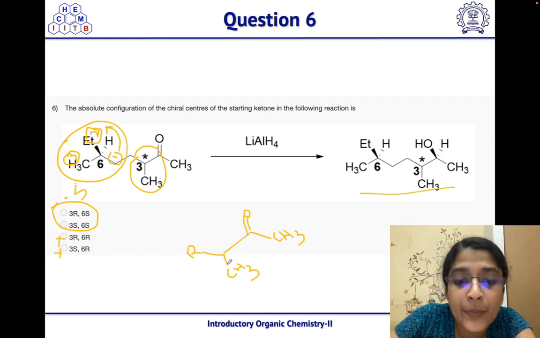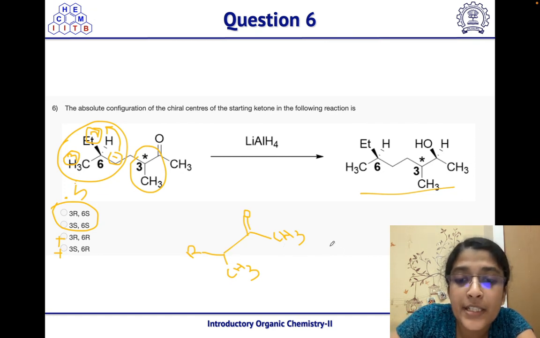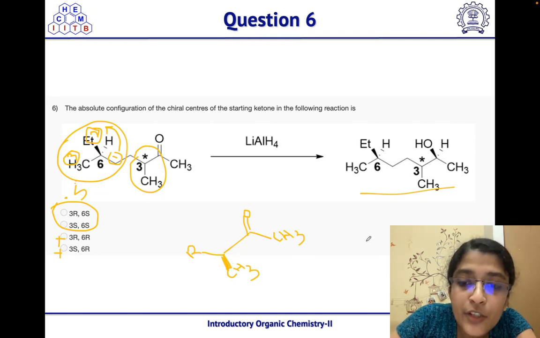Is it alpha or beta? That means it is above the plane or below the plane. So first we can consider it as beta, that is above the plane. If this methyl group is above the plane, there will be one hydrogen below the plane, and if we draw the Felkin Anh model, this is the carbonyl.